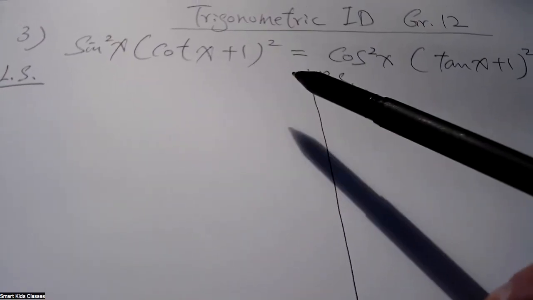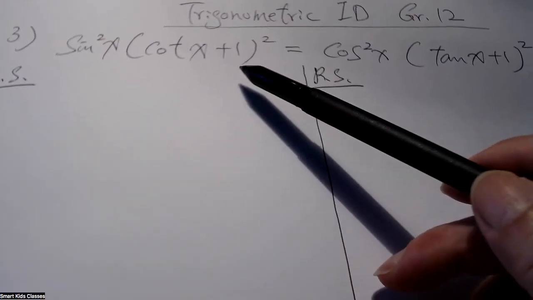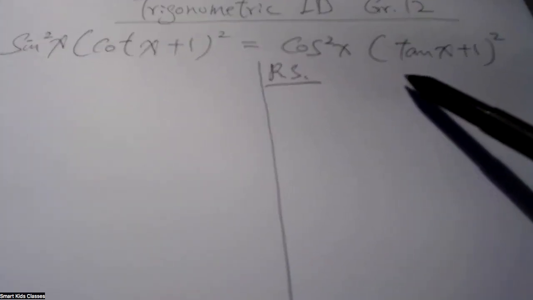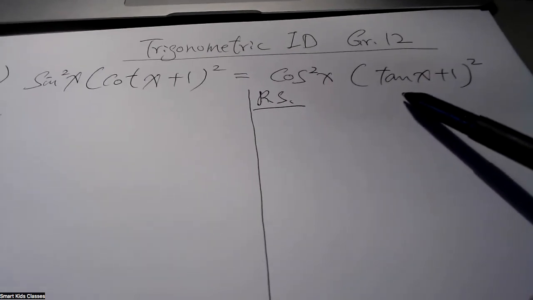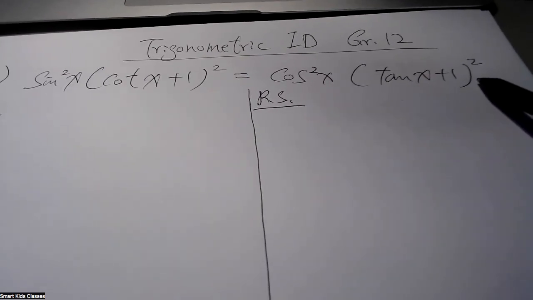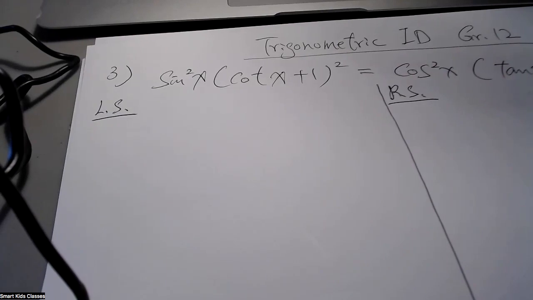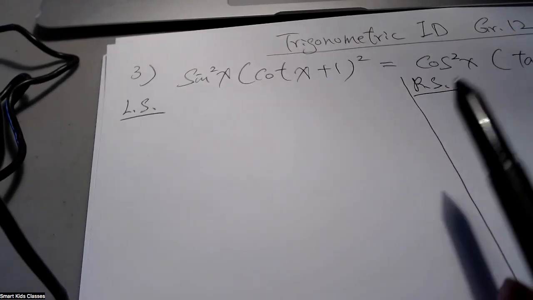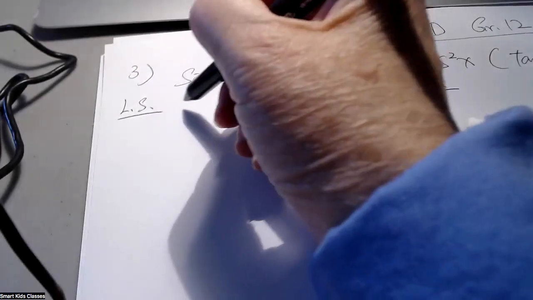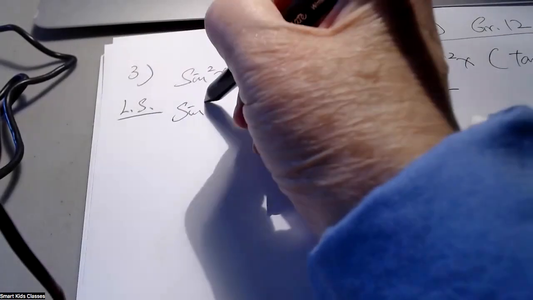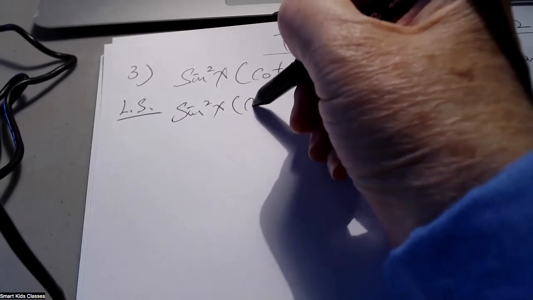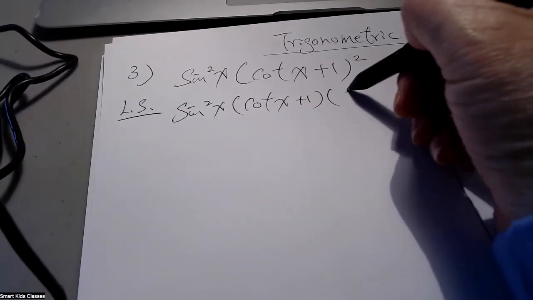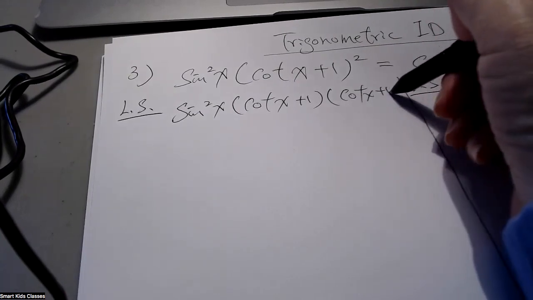Sine exponent 2x times the bracket cotangent x plus 1 exponent 2 equals cosine exponent 2x times the bracket tangent x plus 1 exponent 2. Let's solve the left side first. We're going to write the exponent as 2 brackets: sine square x times cotangent x plus 1 times cotangent x plus 1.